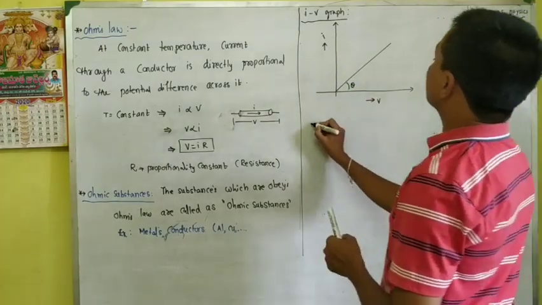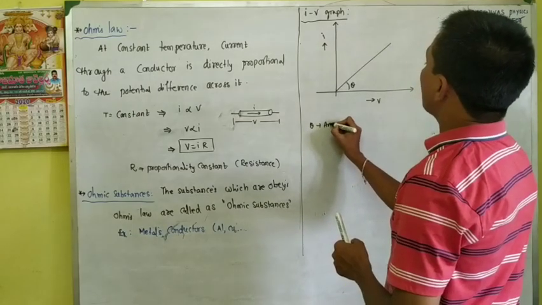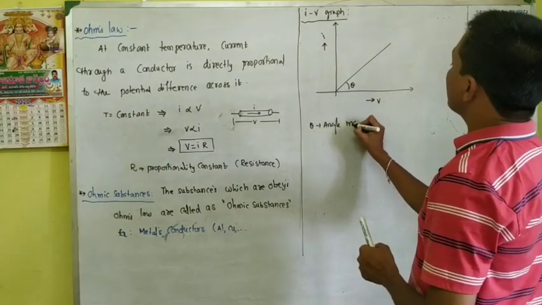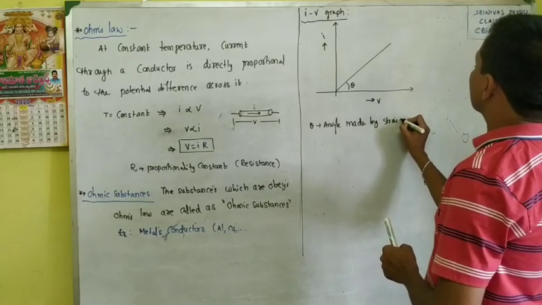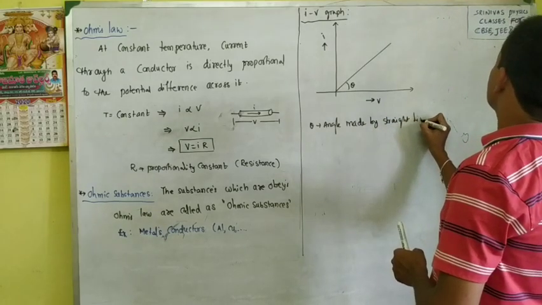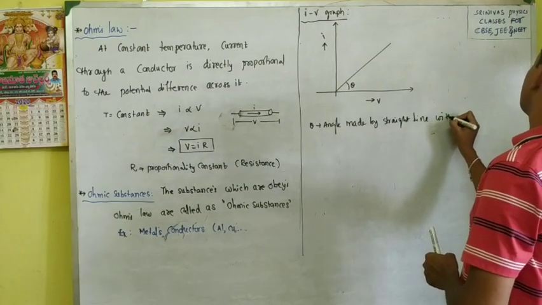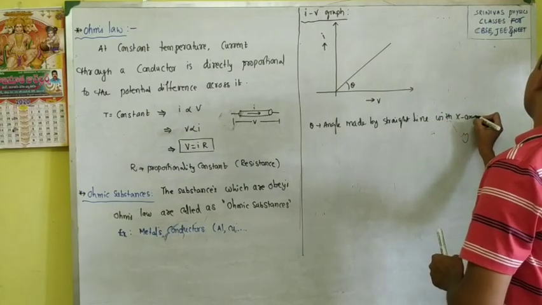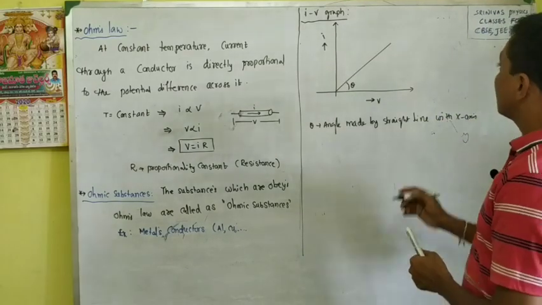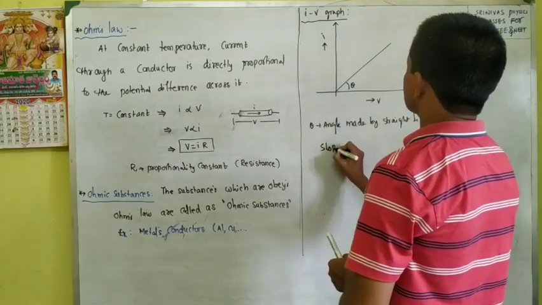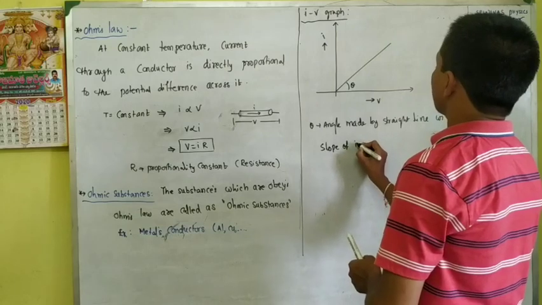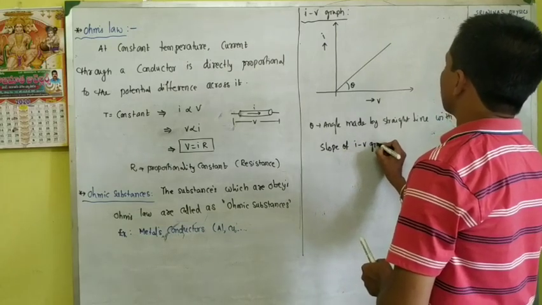For example, this is theta. Okay, theta is what here? Theta is the angle made by the straight line with what? X-axis, right? With the x-axis. And now if you find out the slope of the IV graph, what will it give?